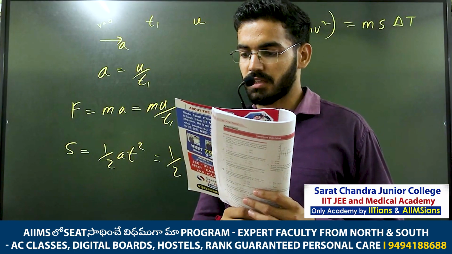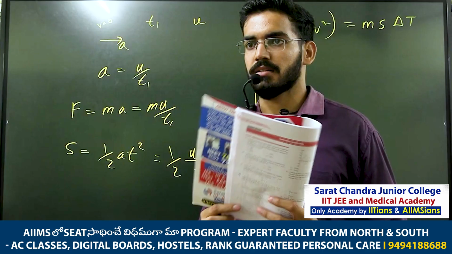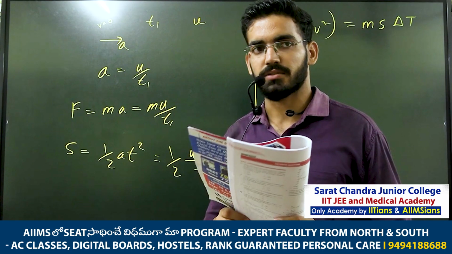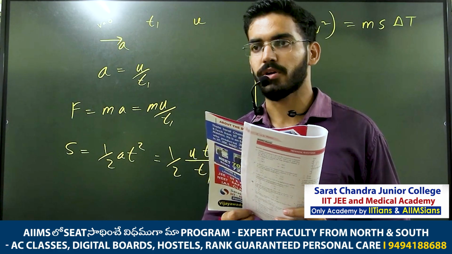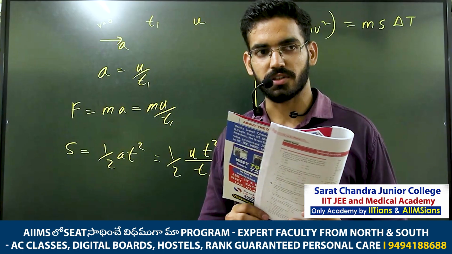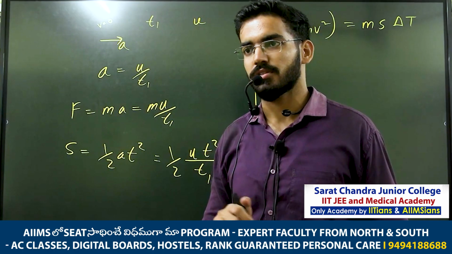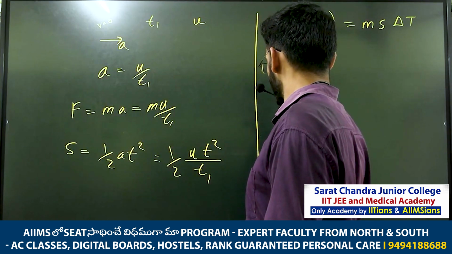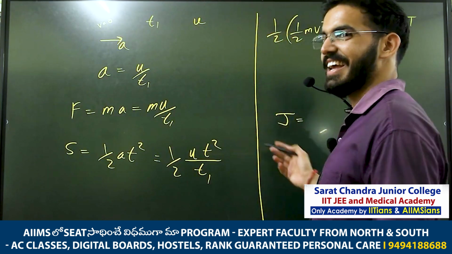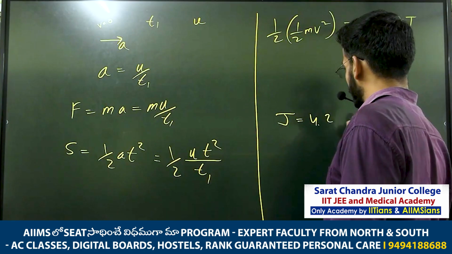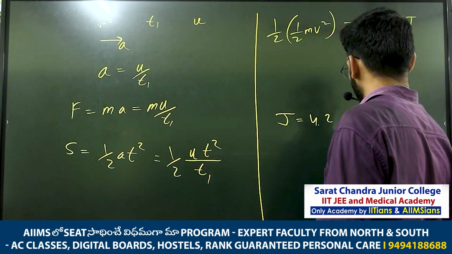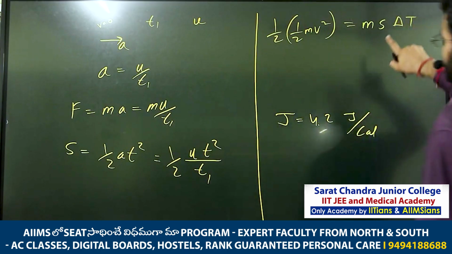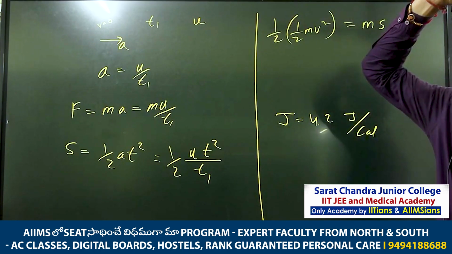This s is given in calorie per kg. So there is something called J, the mechanical equivalent. You know J, 4.2, actually 4.18, use 4.2. What is J? 4.2 joules per calorie. So this specific heat is in calories, right?